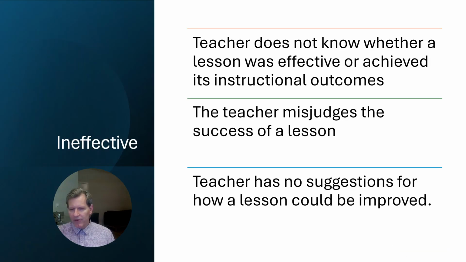The ineffective teacher might not know whether a lesson was effective or ineffective, and might misjudge the effectiveness of their instruction, and is not really taking into account what they might want to adjust in order to inform their instruction, either during the process of instruction or for the next day.